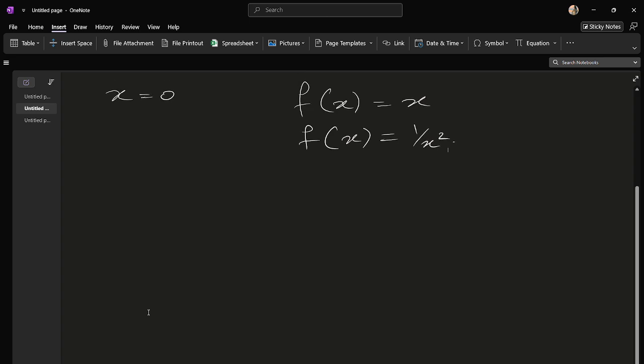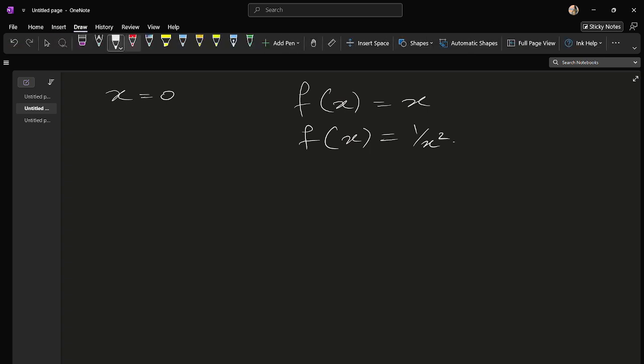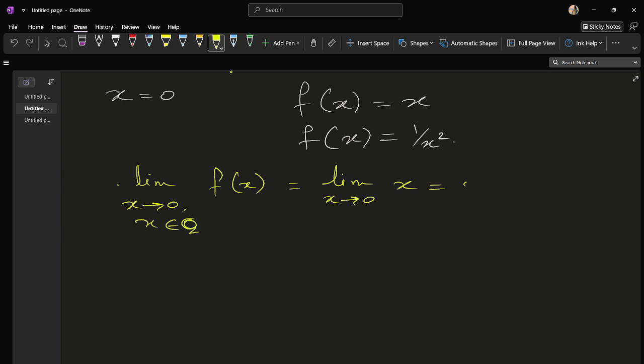So the limit as x tends to 0, when x is rational, of f(x) is equal to the limit as x tends to 0 of x, which is 0.